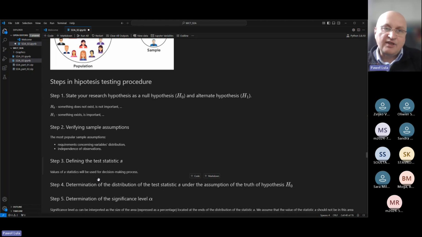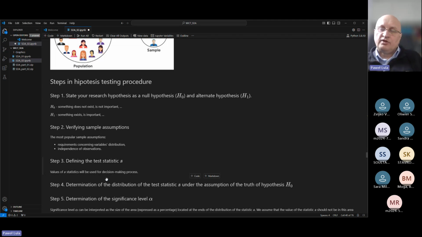In this presentation, this value is represented by this S symbol. For every statistical test, we should have the information how this S value is defined.